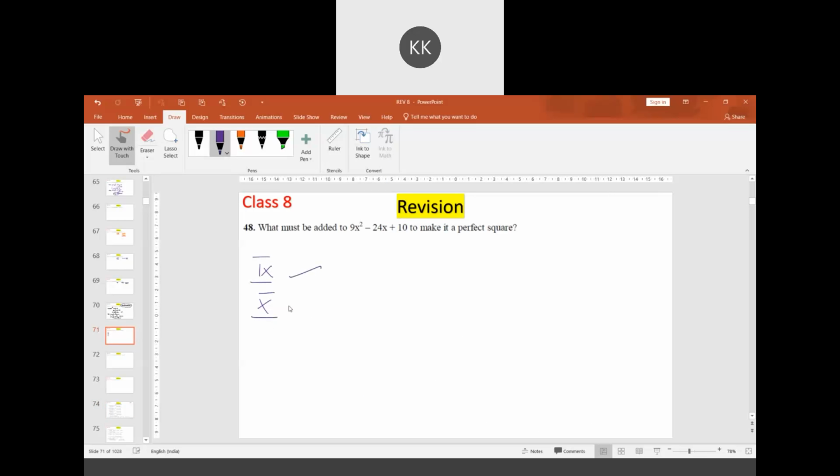In class 9 and class 10, you will make use of a plus or minus b whole cube and also a cube plus or minus b cube, these four identities. Along with that, there is another identity: x cube plus y cube plus z cube minus 3xyz. This identity also you will make use of.